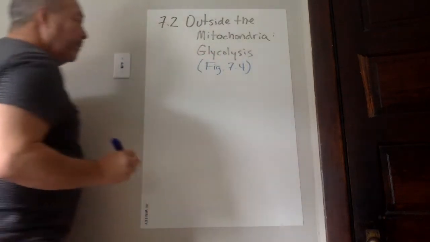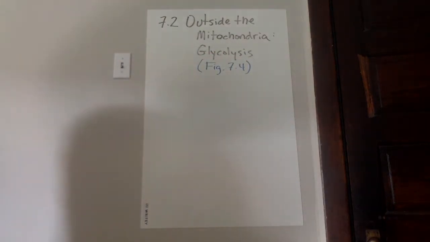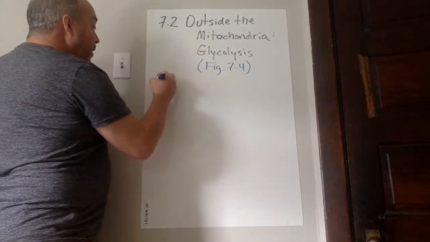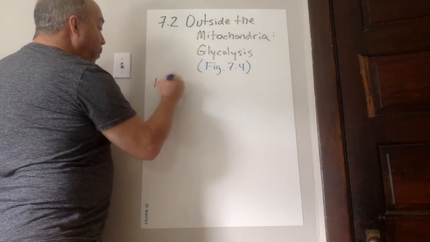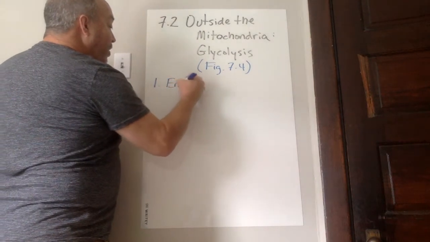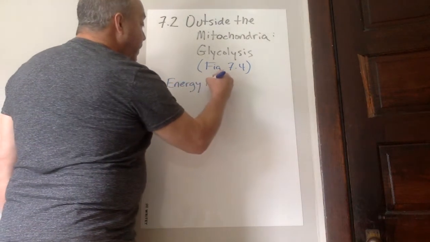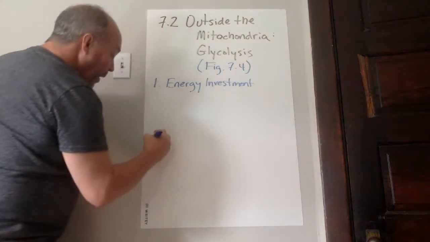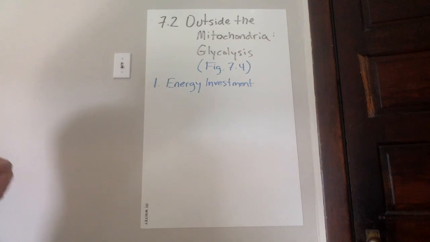What you'll see in figure 7.4 is we can break glycolysis into 2 steps. The 2 steps are 1, the energy investment stage, and 2, the energy harvest stage. So first let's talk about energy investment.